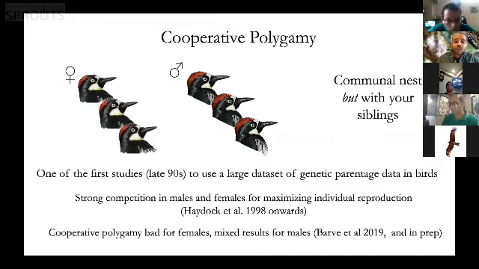Females lose a lot of direct fitness by having a communal nest, which means that if a female is breeding alone, she can have many more babies than if she breeds with her sisters in a communal nest. The results for males are a little more complicated than that, and I'm not going to get into that yet.